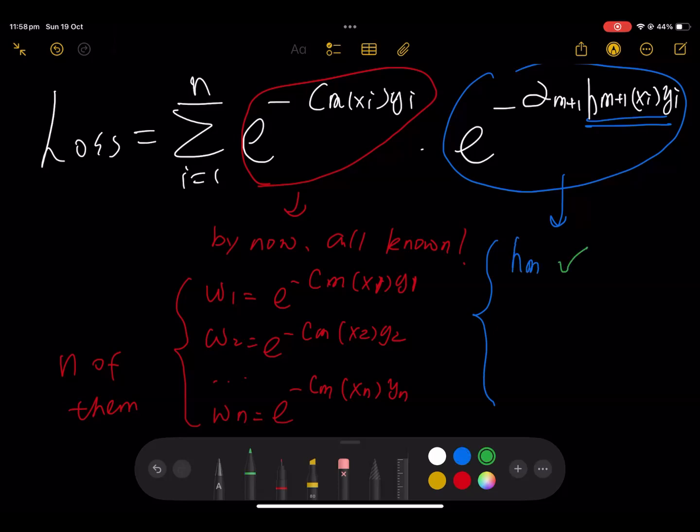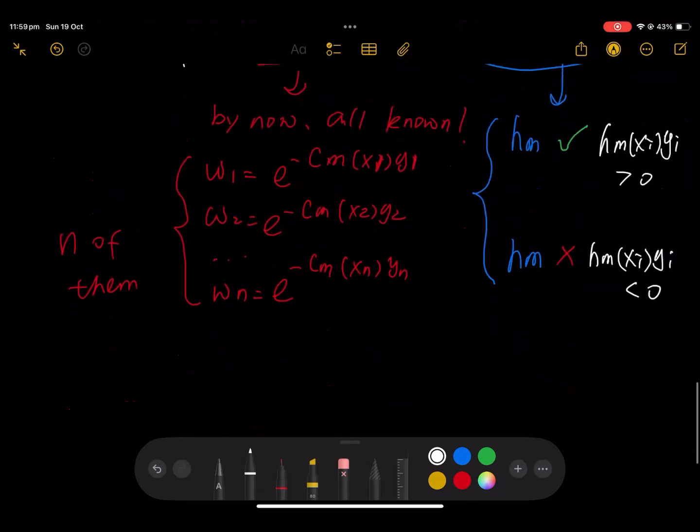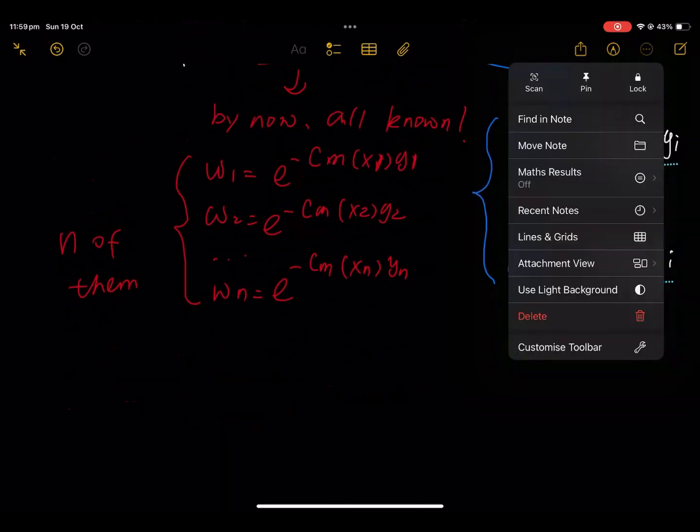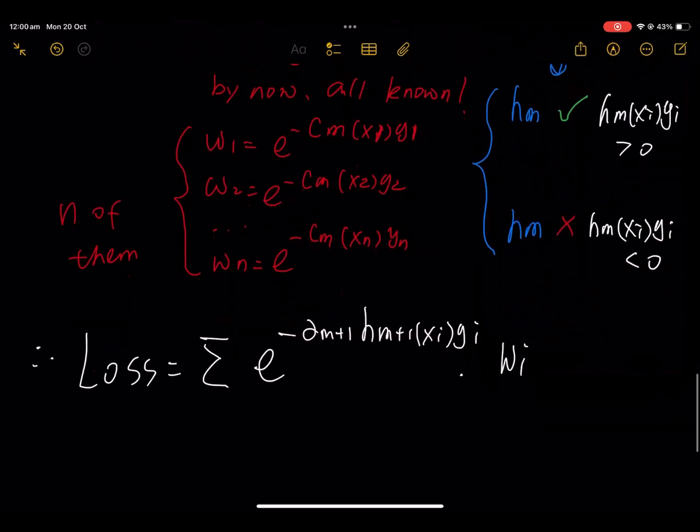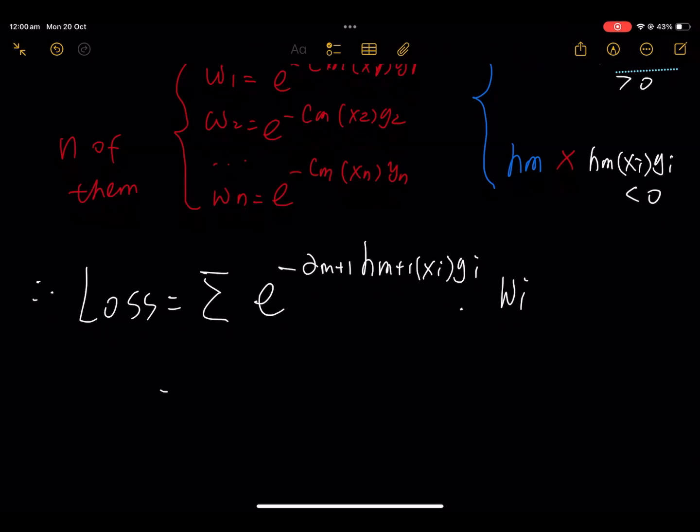Looking at the other component, when we use the new stump decision tree to make a decision, there are two possibilities. Either we correctly classify the data point, or we misclassify it. So the total loss at step M plus 1 could be written in this form. Basically, we divide it into two parts.